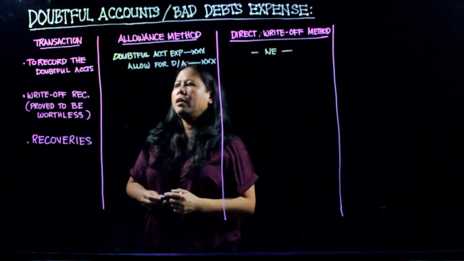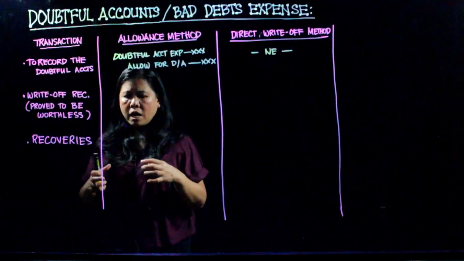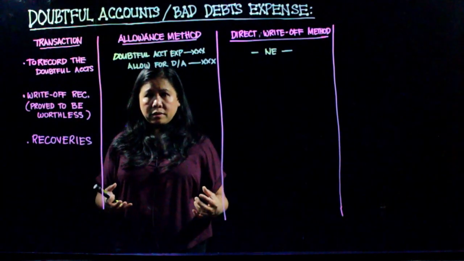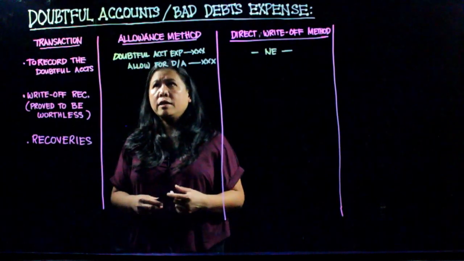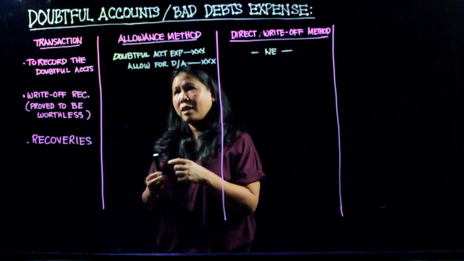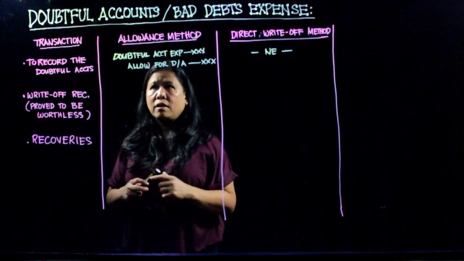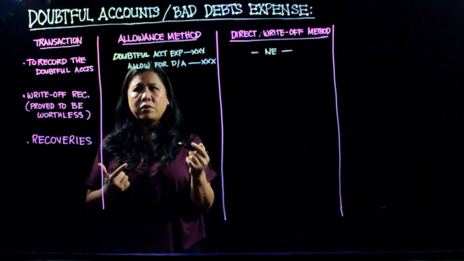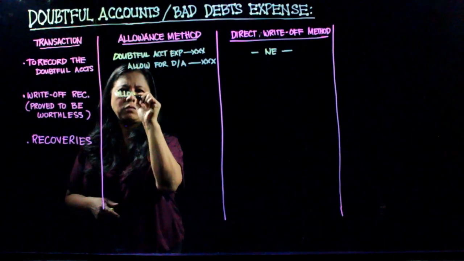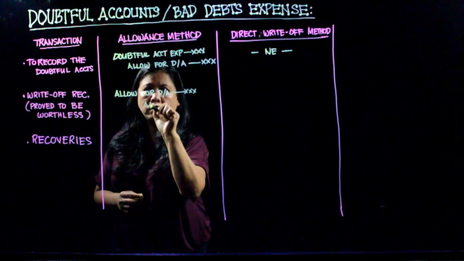All right, now the write-off of the receivable. If the accounts receivable is proved to be worthless, then under the allowance method, we are going to take it out from our accounts receivable because it's worthless. So under the allowance method, we debit allowance for doubtful accounts, then we credit accounts receivable.